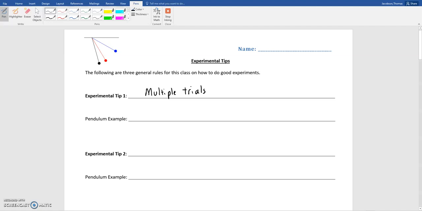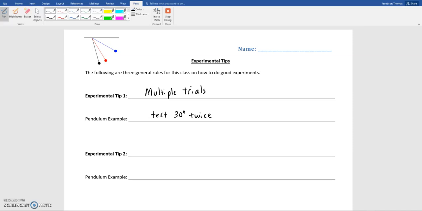So let's continue with the angle example of a pendulum. So maybe you test 30 degrees twice. Now, if you have time, it'd be great to test every angle twice, or test every length twice, or every mass twice.